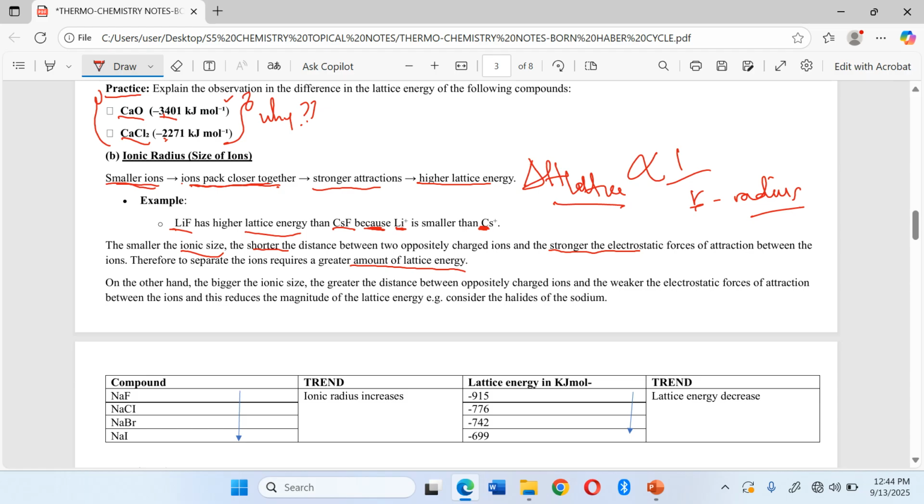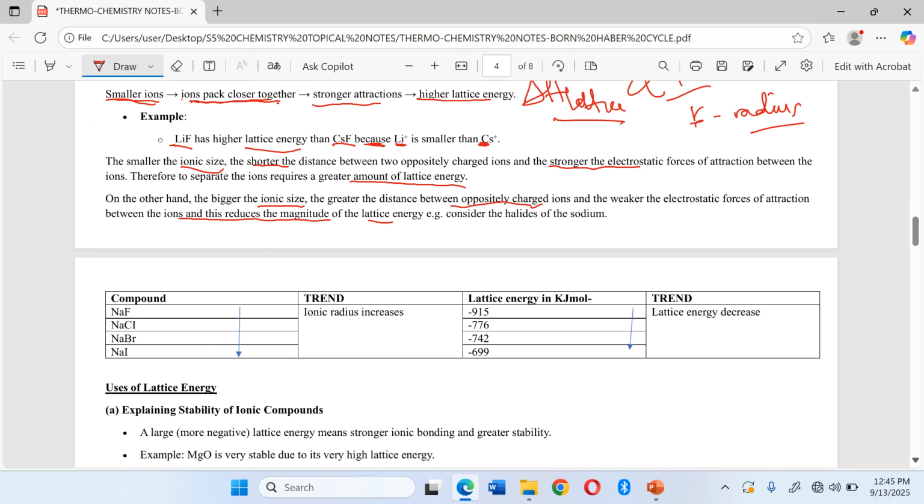On the other hand, the bigger the ionic size, the greater the distance between oppositely charged ions, and the weaker the electrostatic forces of attraction between the ions. This reduces the magnitude of lattice energy.